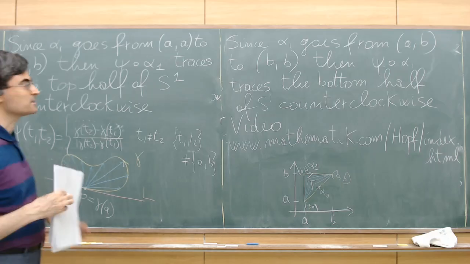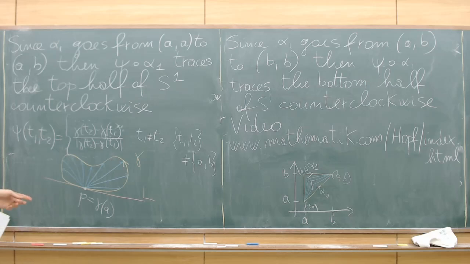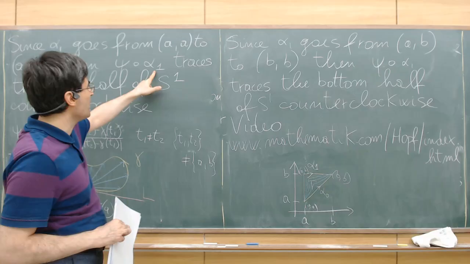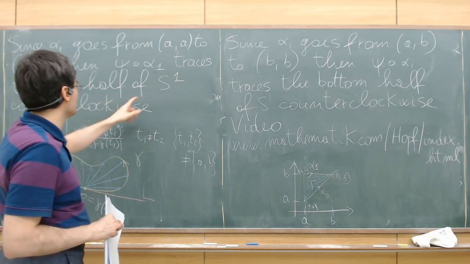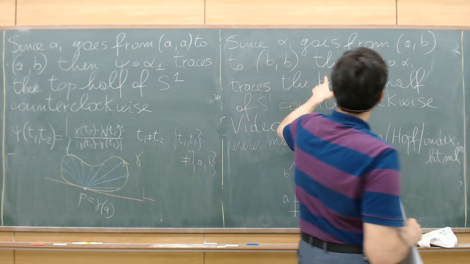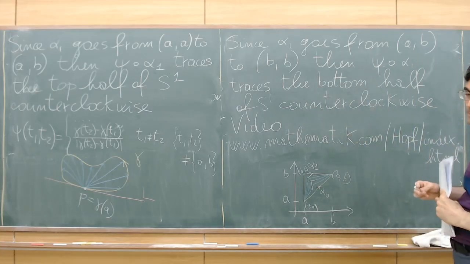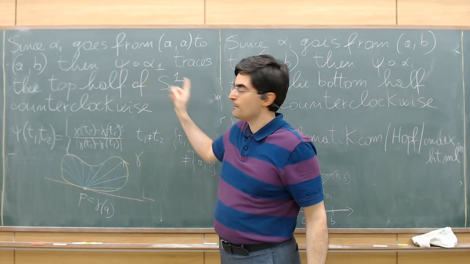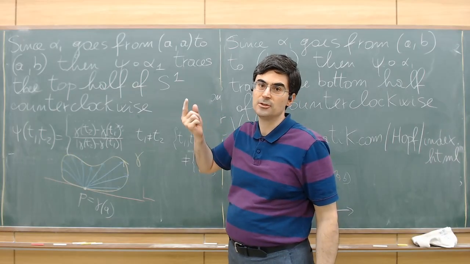Okay, so let's try to get a conclusion. Psi composed with alpha 1 first traces the top half of S1 counterclockwise, and then it traces the bottom half of S1 counterclockwise. So this means that psi composed alpha 1 makes an entire turn around the origin.